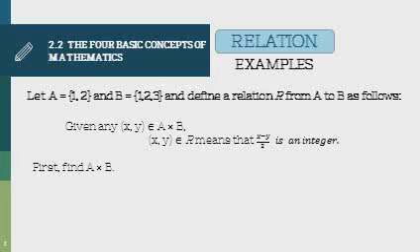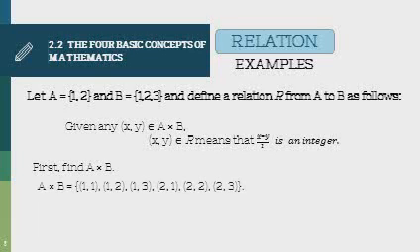So first, find A times B. So we have (1,1), (1,2), (1,3), (2,1), (2,2), (2,3).